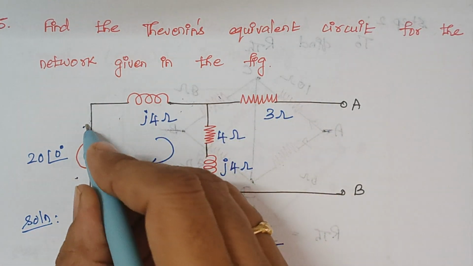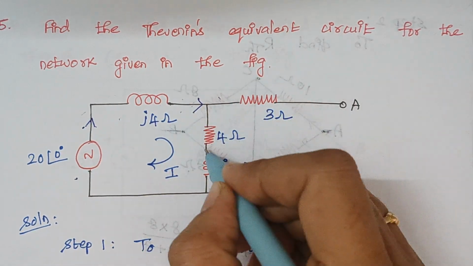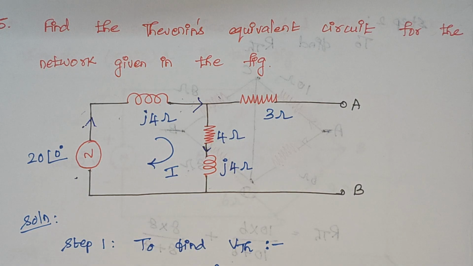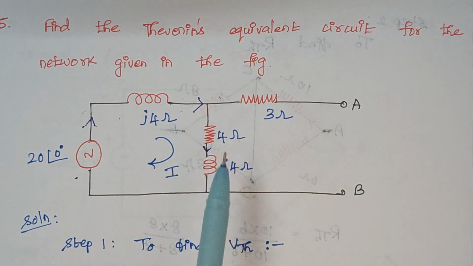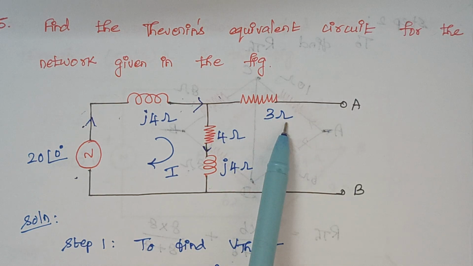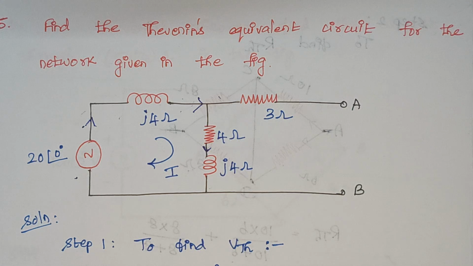Therefore the current from the voltage source flows back like this and the circuit gets completed. So to calculate the current, we should consider only these three resistors and inductors and not this 3 ohm, because current won't flow through the open circuit.